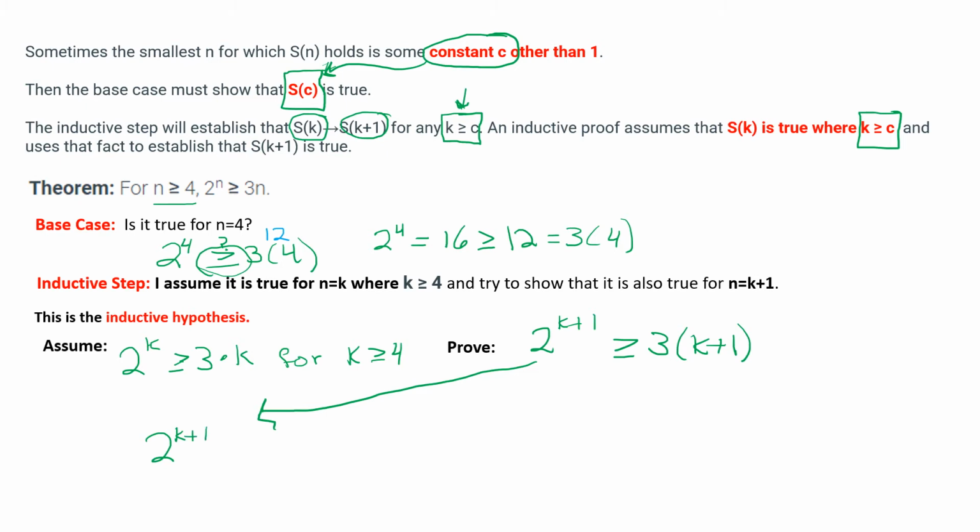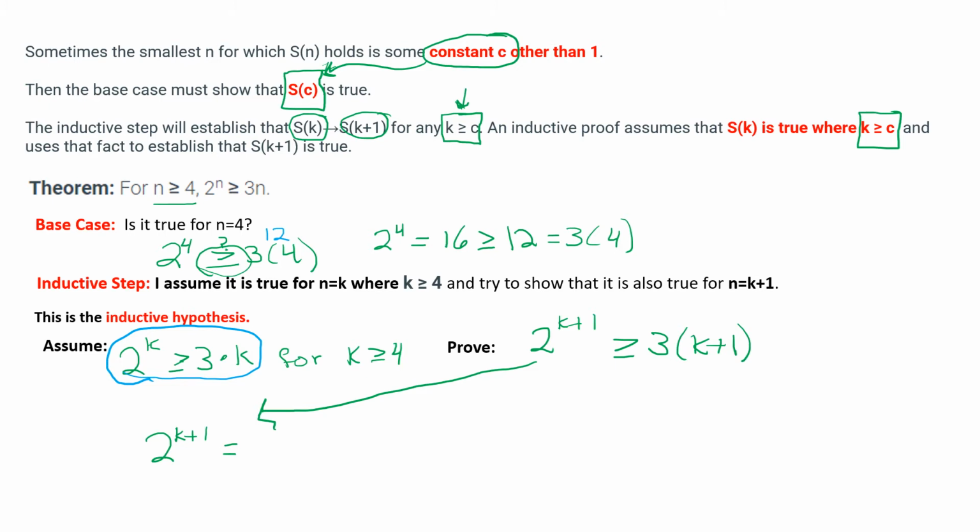Okay. Now, remember, we need to try to get to the point where we can use this assumption. This assumption involves 2 to the k. So we might think, let's see if I can write this in terms of 2 to the k.